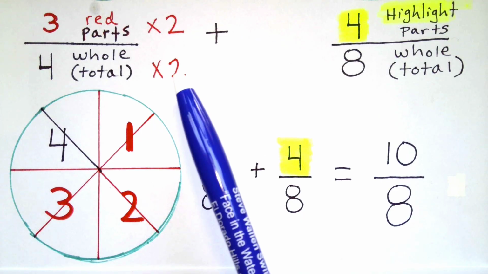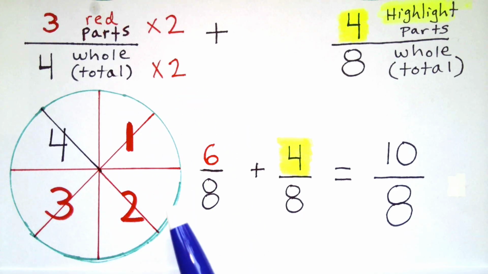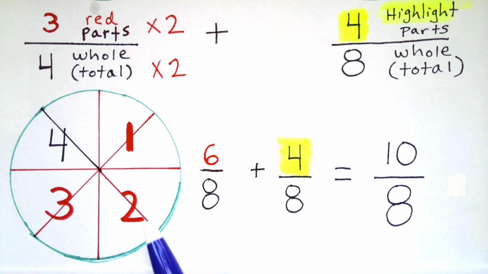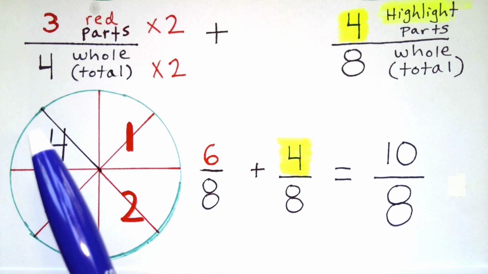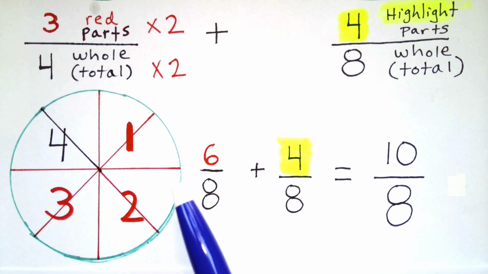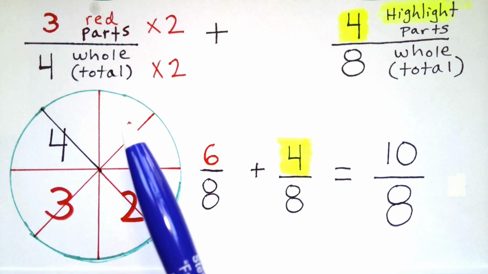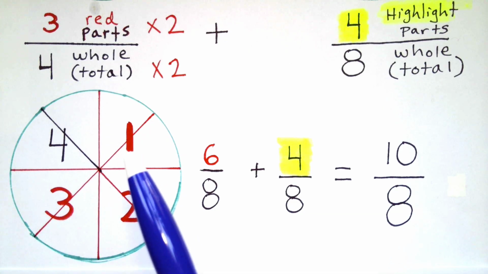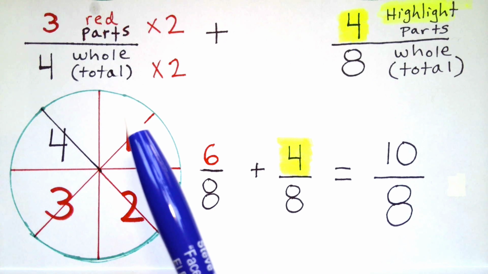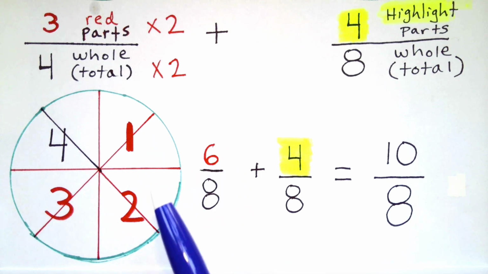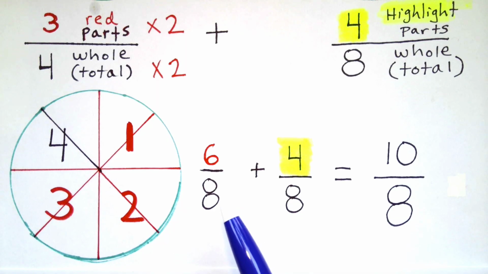Well, by multiplying 2 into the denominator, I'm taking those 1, 2, 3, and 4 parts, and each of them are getting cut in half in order to create 1, 2, 3, 4, 5, 6, 7, 8 whole parts. And each of the red parts, 1, 2, and 3 from earlier, are cut in half. That gives me 1, 2, 3, 4, 5, 6 parts out of a total of 8 whole.